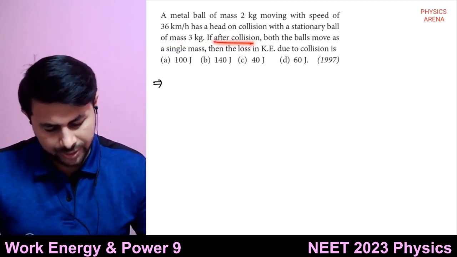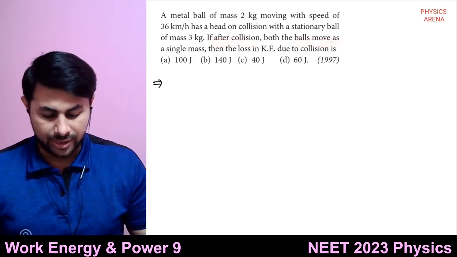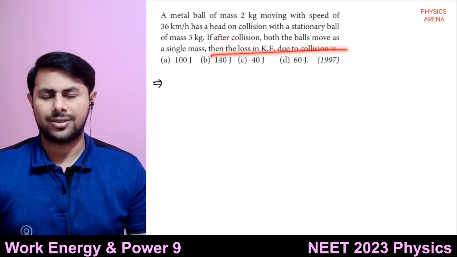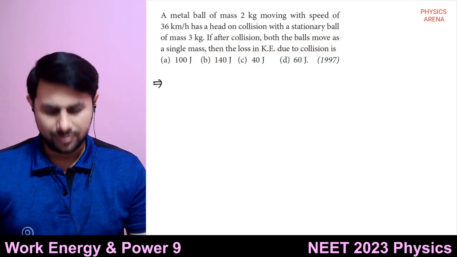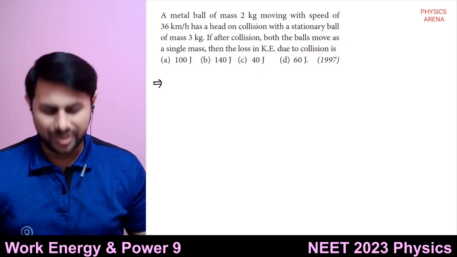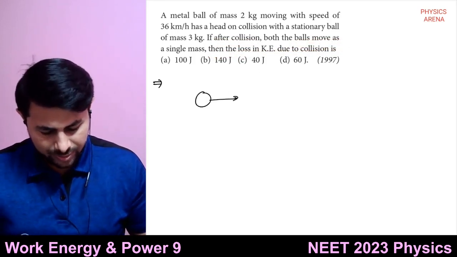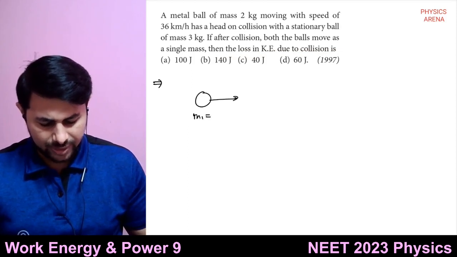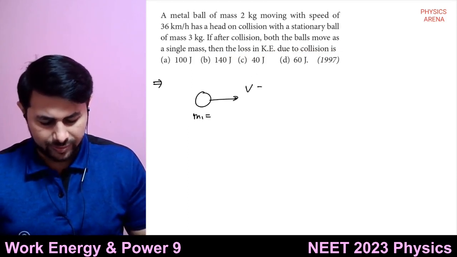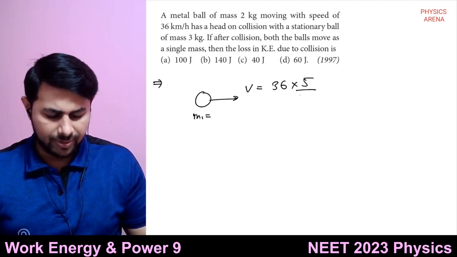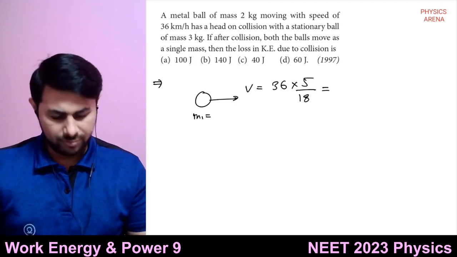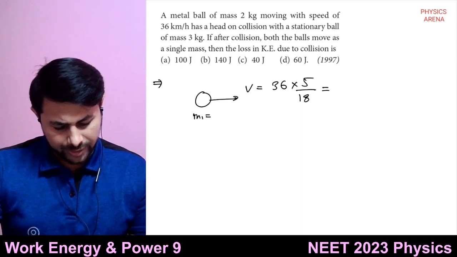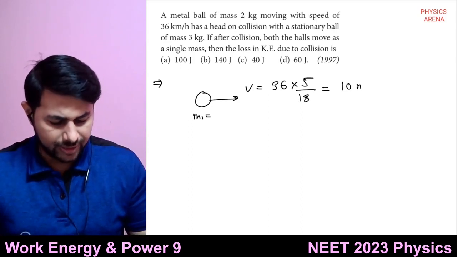After collision, both balls move as a single mass, then find the loss in kinetic energy due to the collision. Very simple and straightforward. So the first ball's mass is m1, moving with velocity v, which is 36 kilometers per hour. That is 36 multiplied by 5 by 18 meters per second. How much? 10 meters per second.